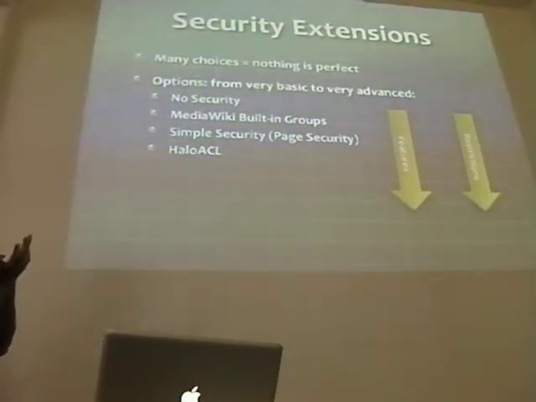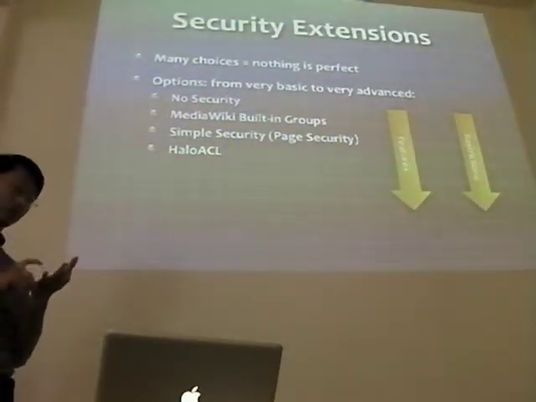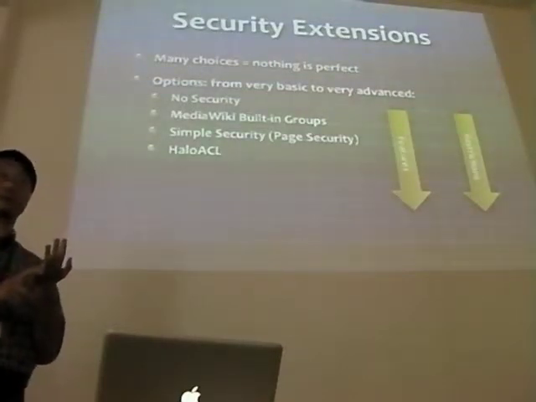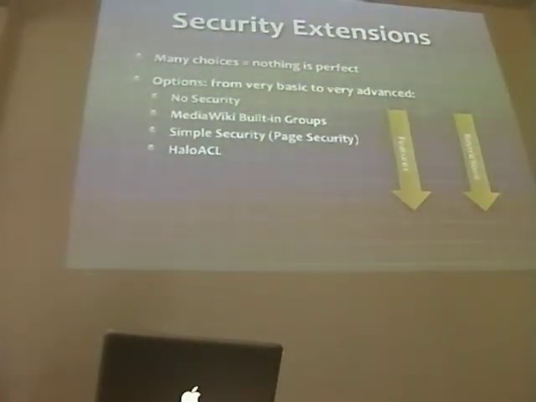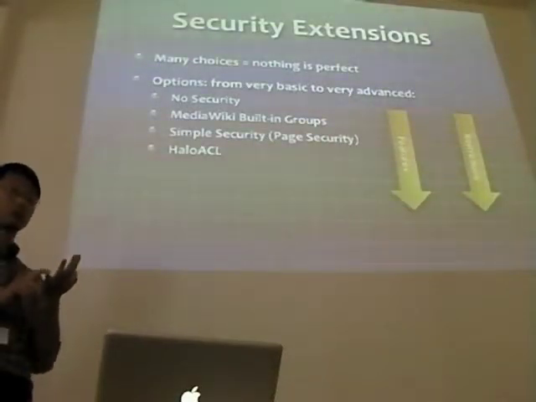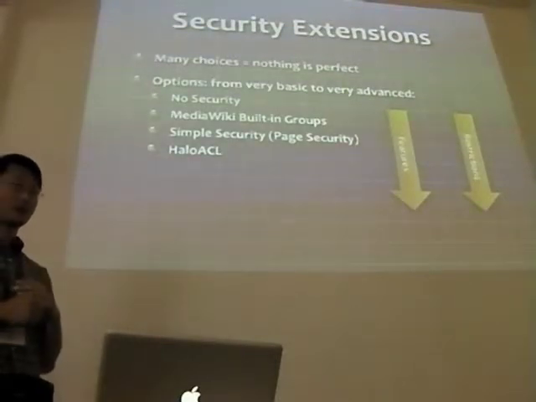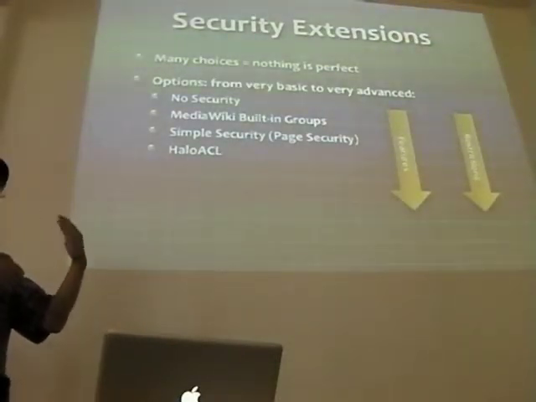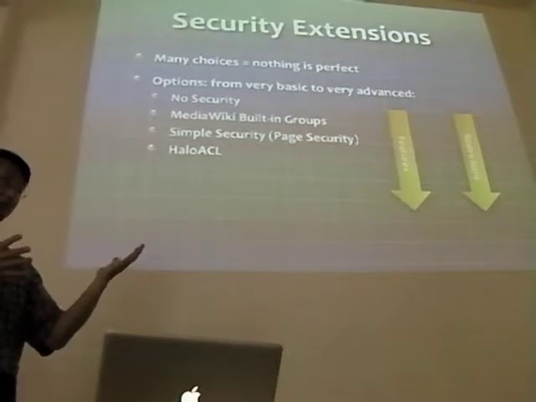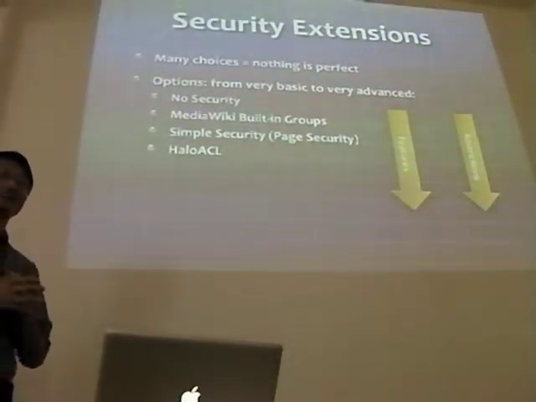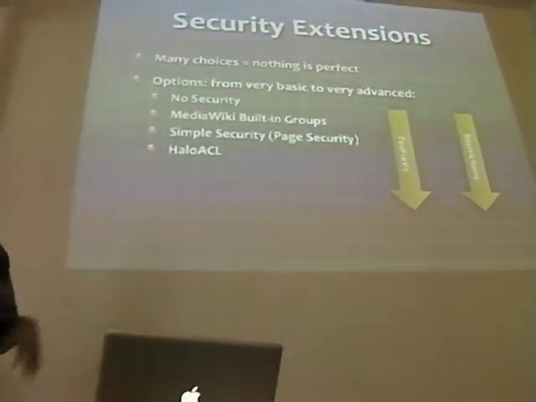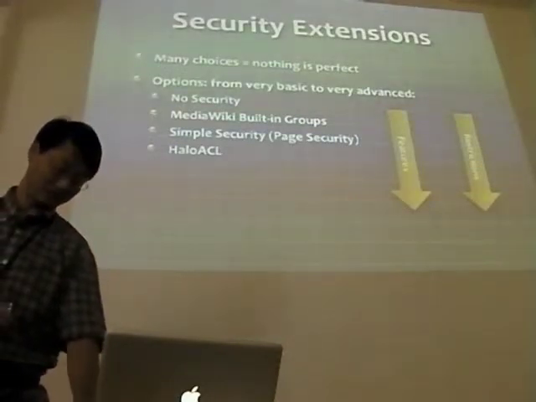You want that value to be editable only by the human resource manager or people working in the human resource department. But you want this value to be viewable to the employee himself, so he can know how much he earns. But you don't want this value to be visible to anybody else on his team, maybe except his manager. And Halo ACL can control to that fine granularity.